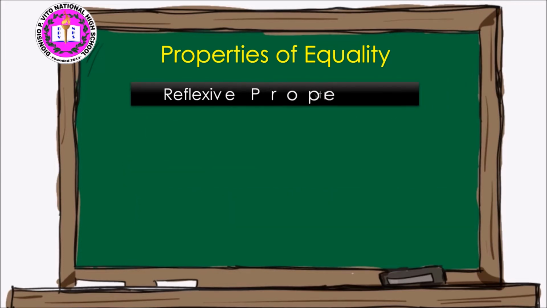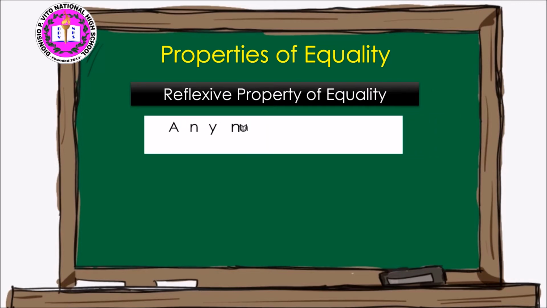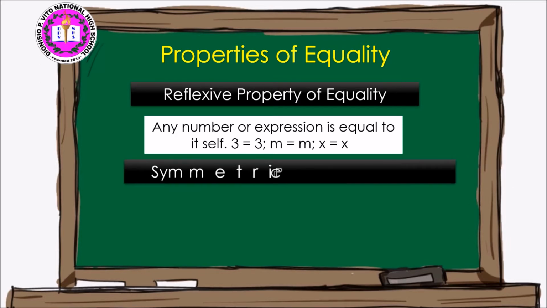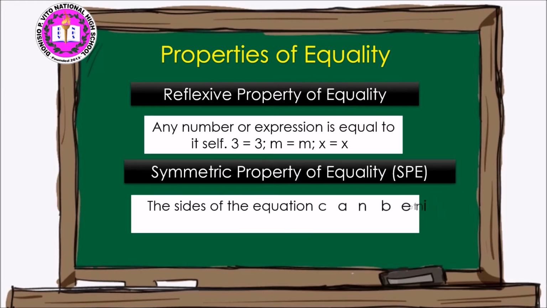The next property that we have is the reflexive property of equality. Any number or expression is equal to itself: 3 is equal to 3, m is equal to m, x is equal to x. The next one is the symmetric property of equality, or SPE. The sides of the equation can be interchanged.